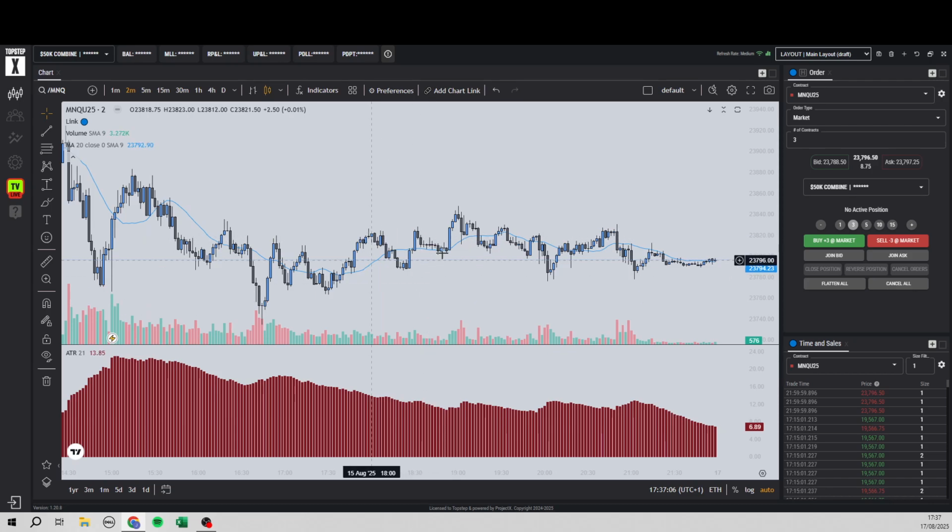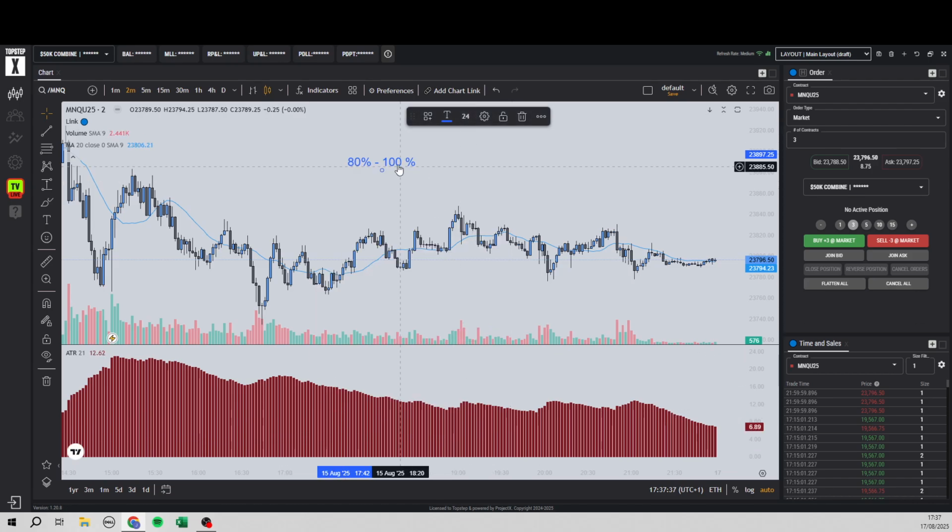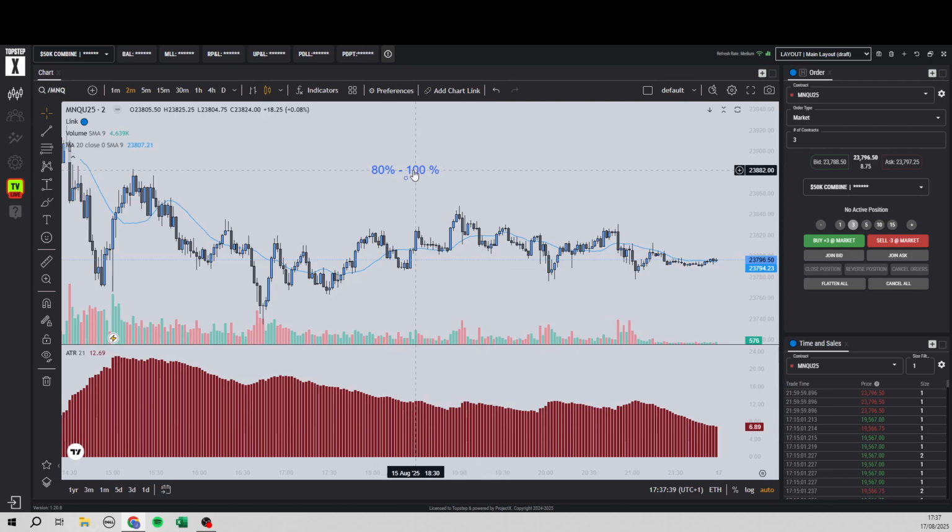So if I get an entry here to go short or long, I'll be looking for a full ATR. But there have been moments where it comes one tick away or just a few ticks away from a full ATR, a full length of the average candle, which is, let's say, 12 right here. There's nothing wrong with taking 80 to 100%, right? If you're trading using ATR, you should be aiming to get about 80 to 100%.